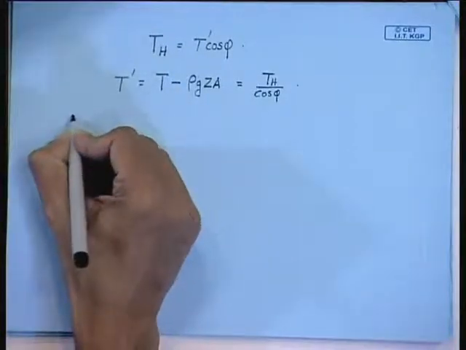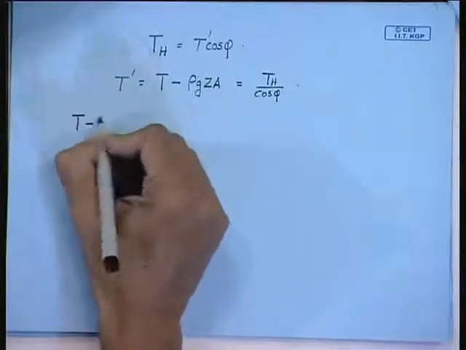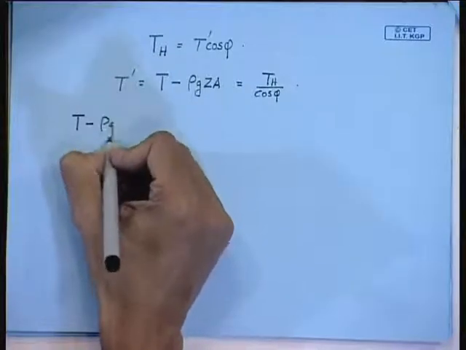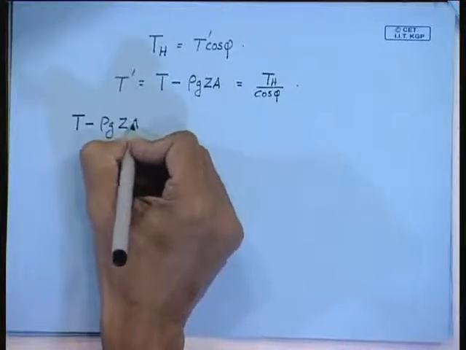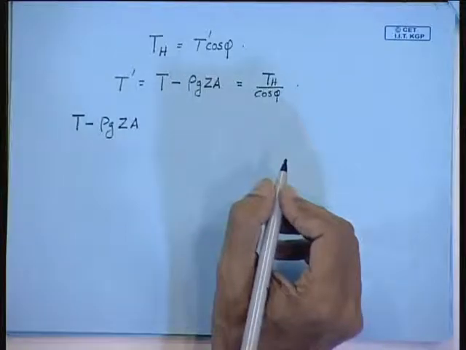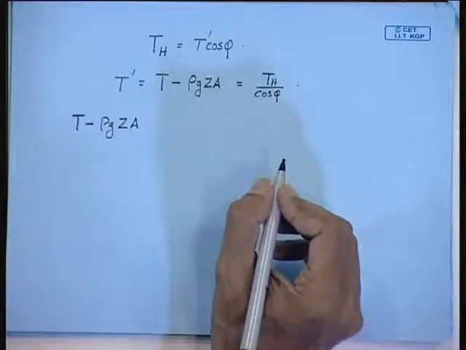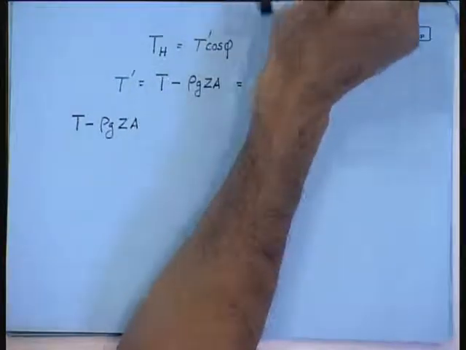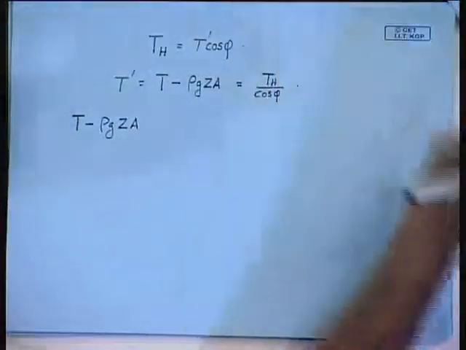this expression will come out T minus rho g z a, but you don't write in the hyperbolic terms. If you write the hyperbolic terms, this will be a little bit awkward.